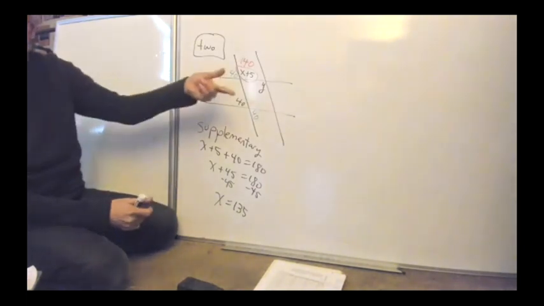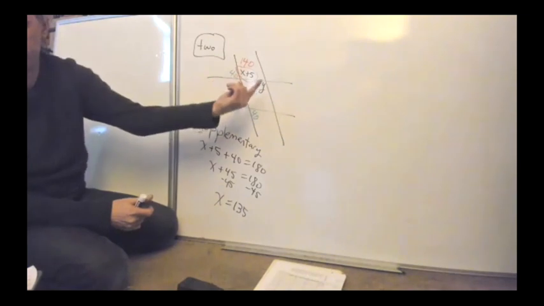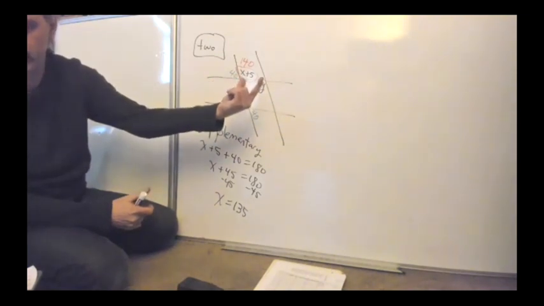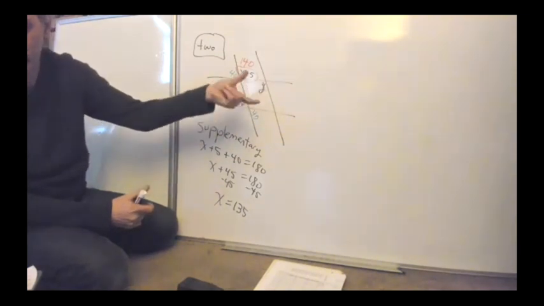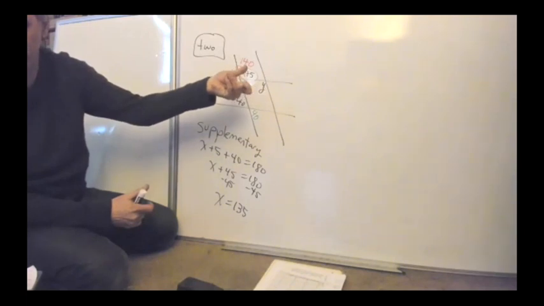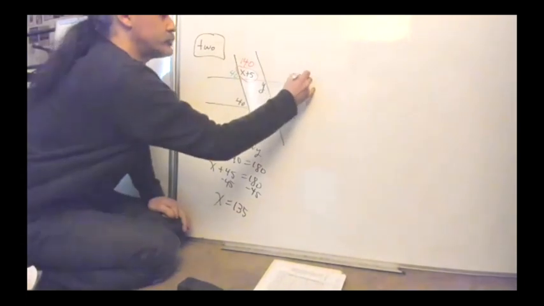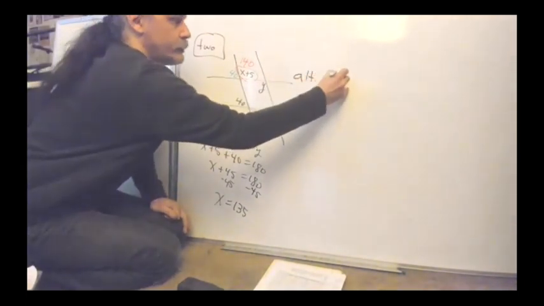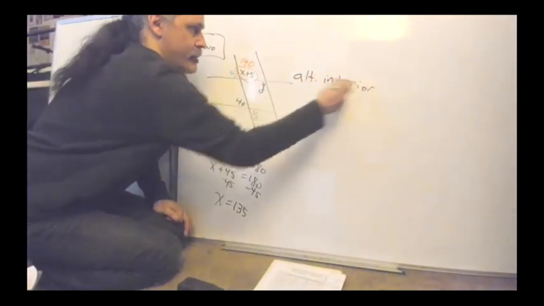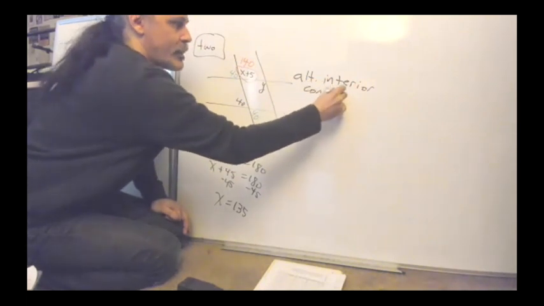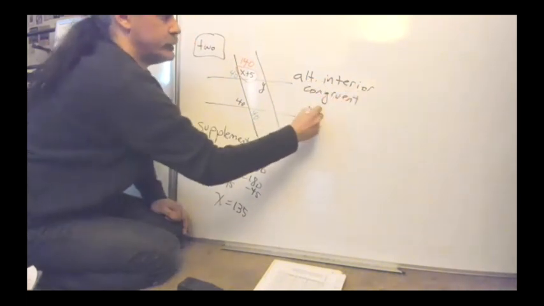All right. Now the 140 and the y are in between the 2 parallel lines. And they're on opposite sides of the transversal. 140 is above, y is below. So that means these are alternate interior angles, which means they're congruent. So y is 140.